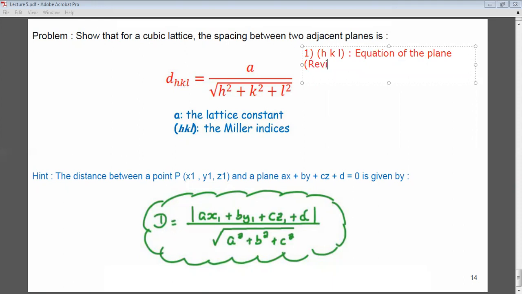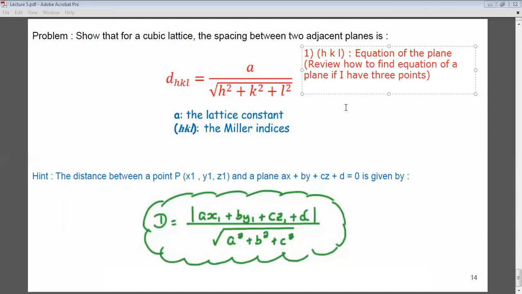So review how to find the equation of a plane if I have 3 points. If I have HKL, it means I have the 3 points that hit the x-axis, the y-axis and the z-axis, right? So the first point has components a/h, 0, 0.